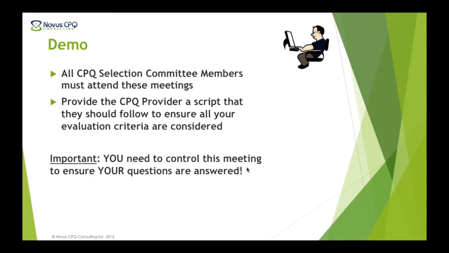The one key thing to keep in mind from a customer's perspective is, you need to control this meeting because you need to have your questions answered. It needs to fit your business case afterwards. It has to work in your environment, so you need to control it. If the vendor shows you additional functionality that is potentially beneficial, that's great.